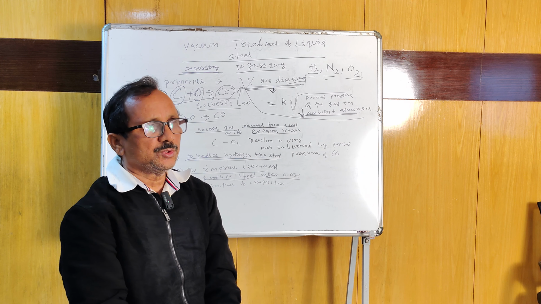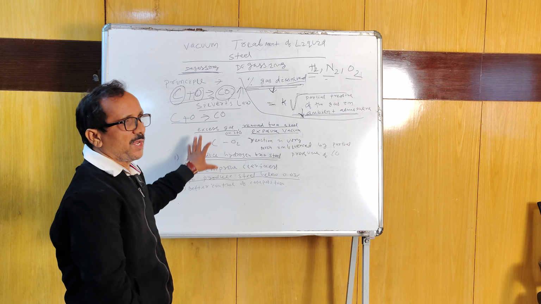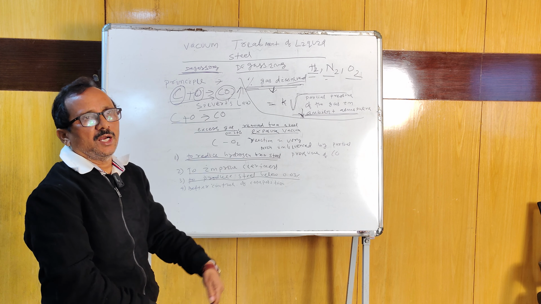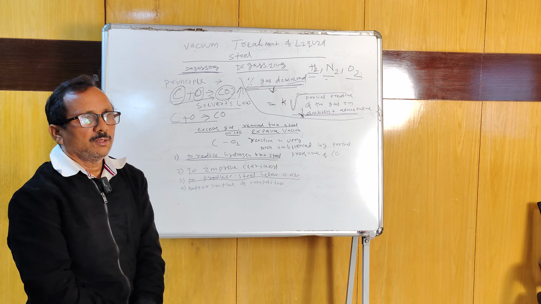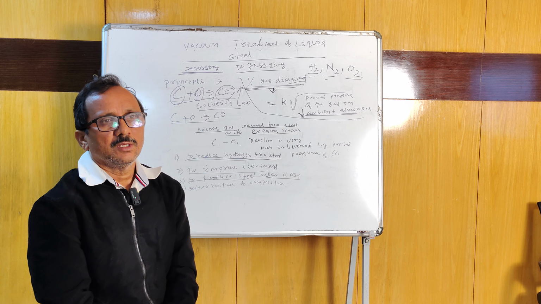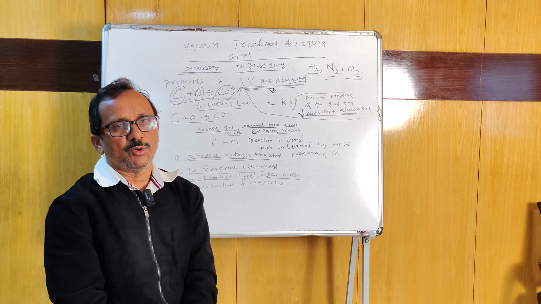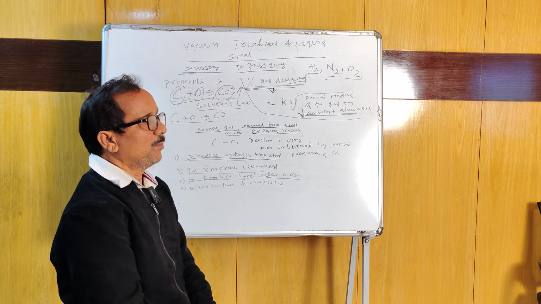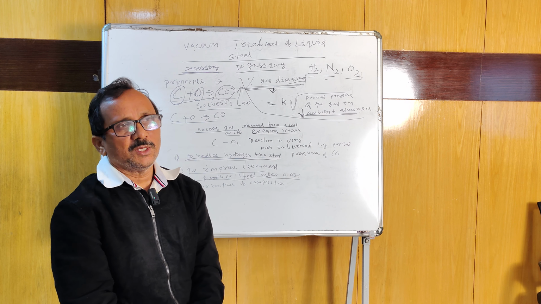Generally we use this vacuum technology for the AOD and VOD, vacuum oxygen decarburization processes, because in decarburization we can produce extremely low carbon. So this is all for the degassing process and vacuum treatment process.